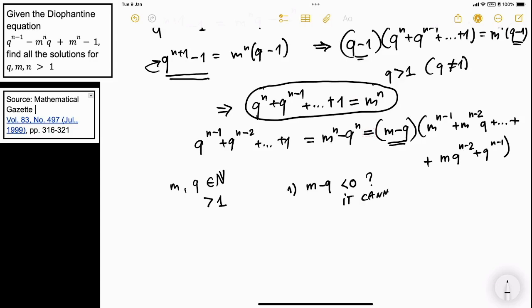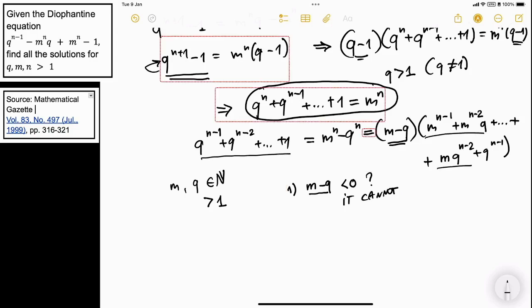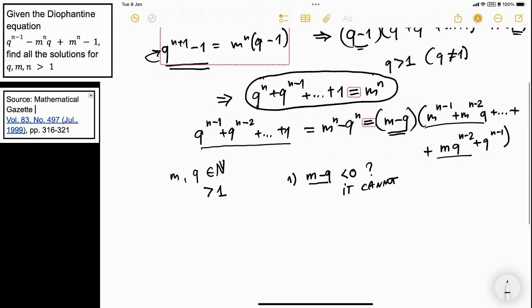Why? Because if m minus q is less than 0, we know that both q and m are more than 0, so both expressions on the left side and the right side are more than 0. So this is a contradiction. So m minus q cannot be less than 0, which means that for sure m is more than q.